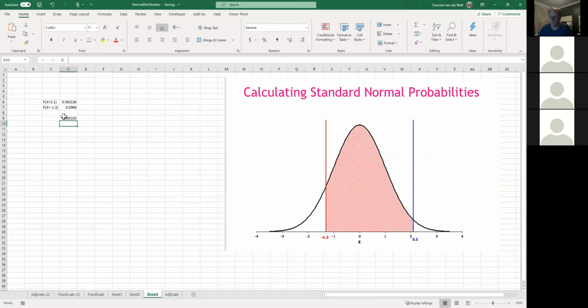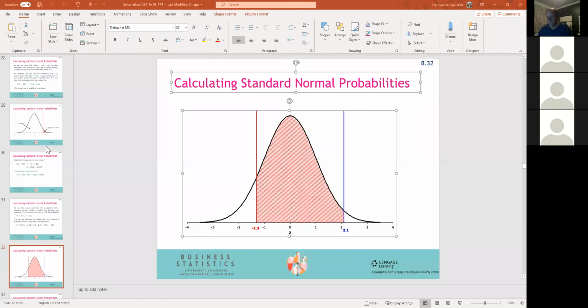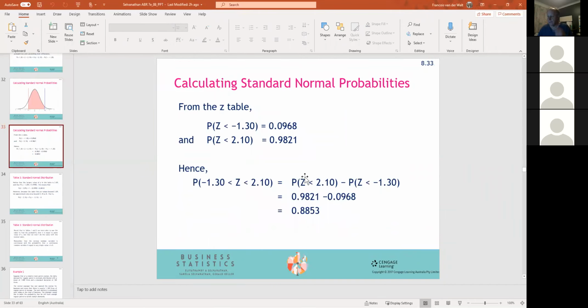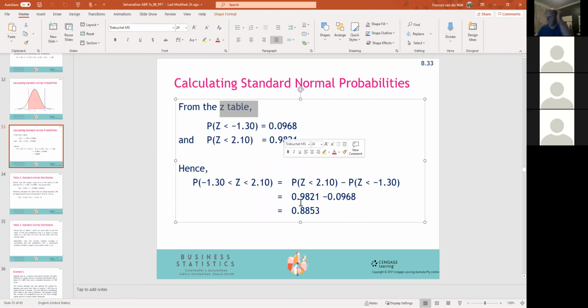Okay, so let's see if they also got 0.885. There you can see they've done exactly the same. They've used a table from the Z table, but you can look up in the book if you're really interested in using tables. I would consistently just use Excel, and you will have Excel available in all your exams and tests and so on.